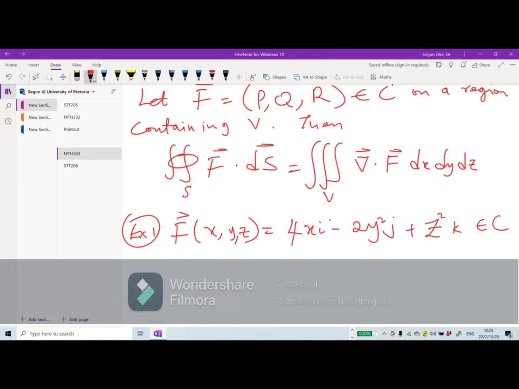They all belong to this region. And S is the cylinder x squared plus y squared equals 4, with the interval 0 less than or equal to z less than or equal to 3.